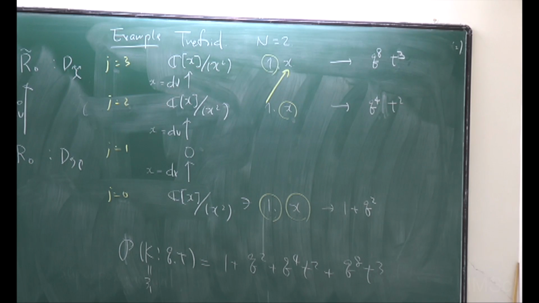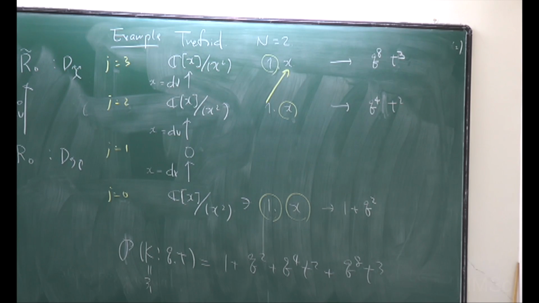Why is j equal to 1? So once you compute the homology with respect to d plus and d minus, when j equal to 1, it becomes trivial. No, it's a hard computation.